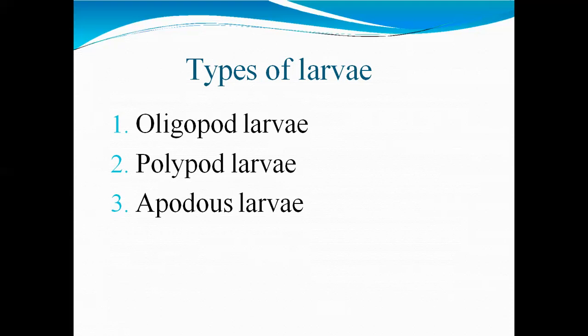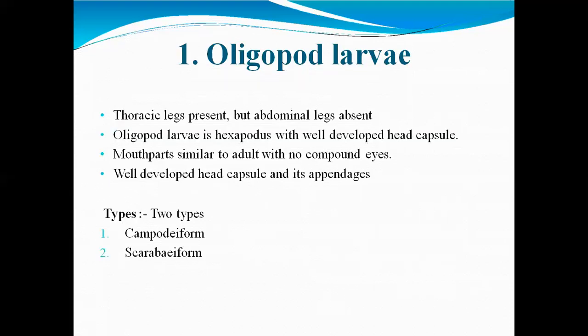So the first type, oligopod larva. In oligopod larva, thoracic legs are present but abdominal legs are absent. As we discussed in the last lectures, the insect body is divided into three parts: head, thorax, and abdomen.